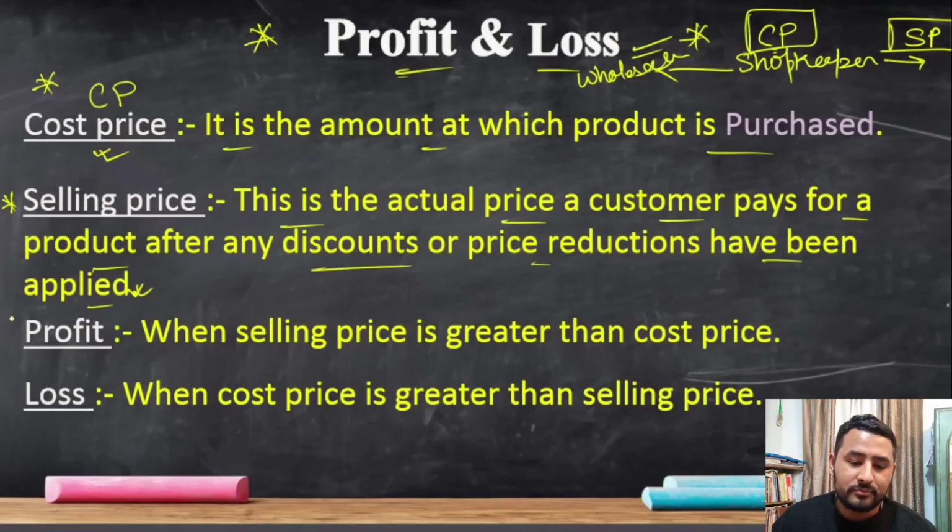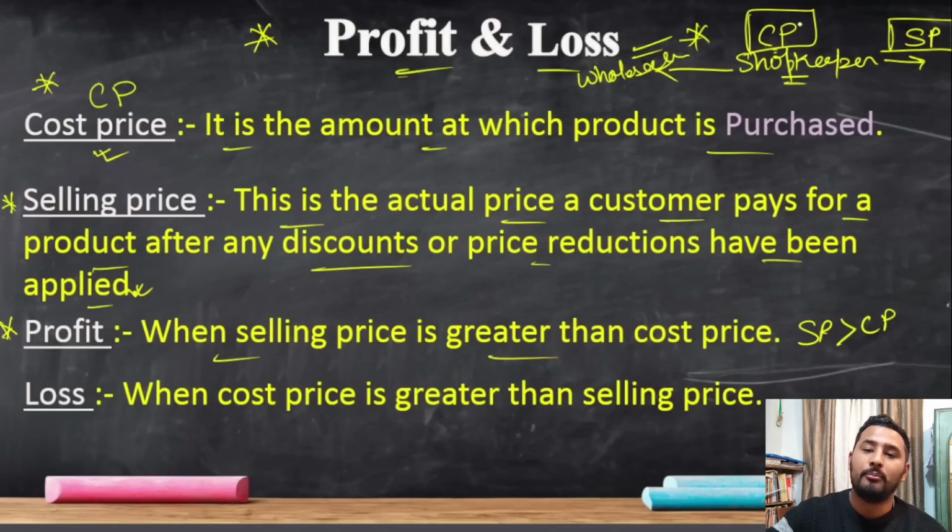Now let us look at profit. What will be the profit? When selling price is greater than cost price. Suppose, like I said, you are a shopkeeper and you have bought this lollipop for 10 rupees from the wholesaler. Now you'll have to sell it to the customer to get the profit.